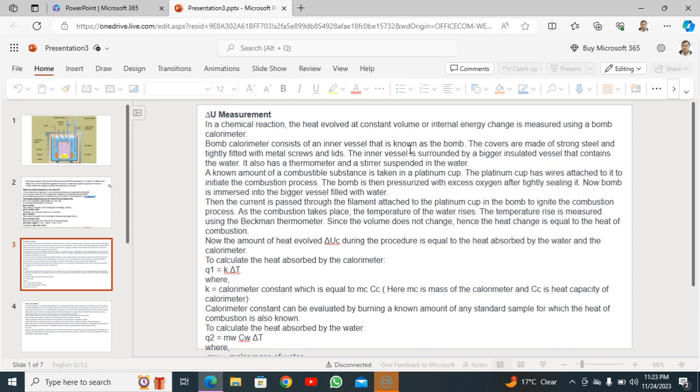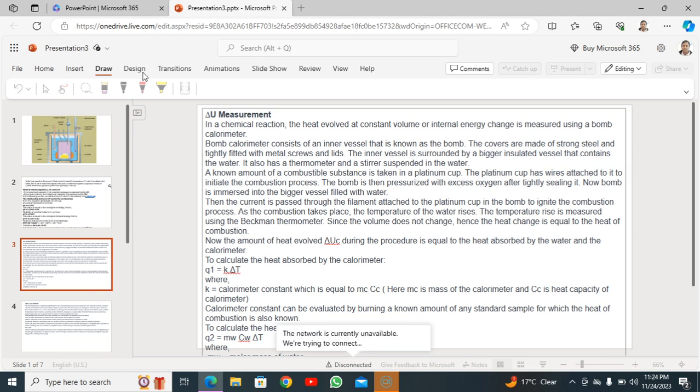We know this is a platinum crucible. So Q1 is equal to K delta T, the heat absorbed by the calorimeter. The calorimeter constant can be evaluated by burning a standard sample whose heat of combustion is known.